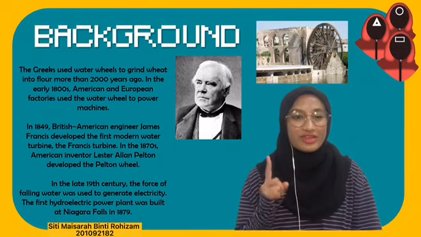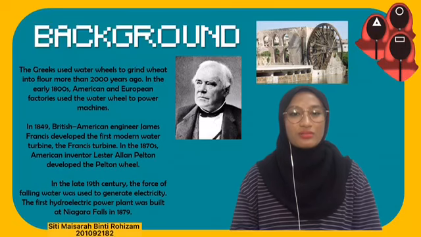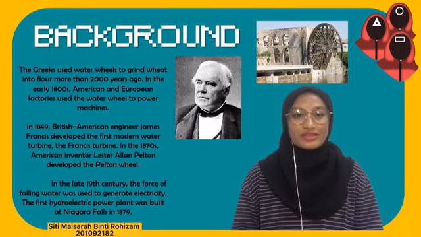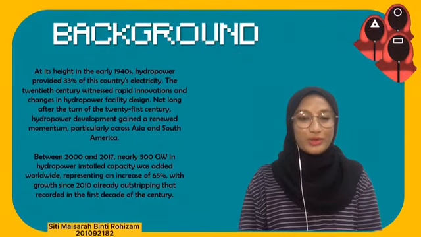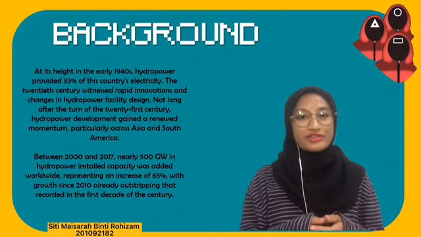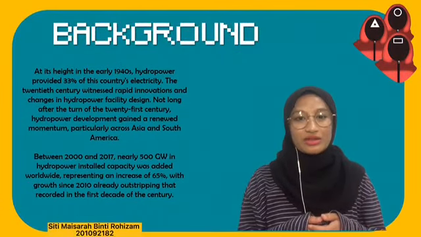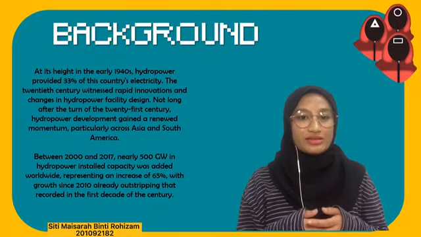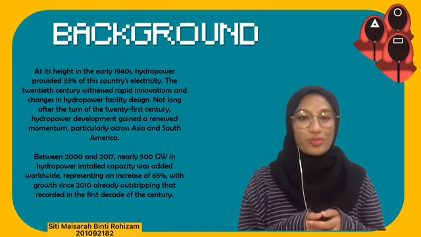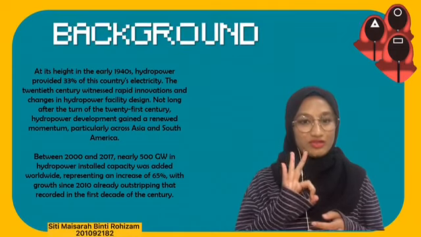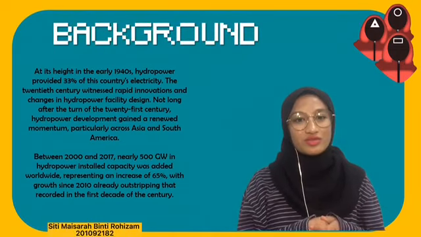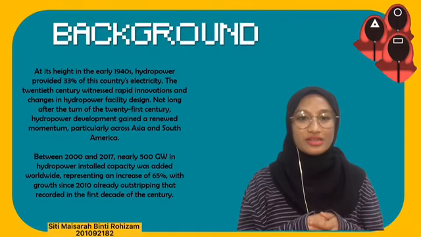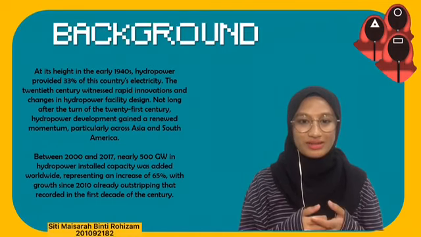The first hydroelectric power plant was built at Niagara Falls in 1879. In the following decades, many more hydroelectric plants were built. At its height in the early 1940s, hydropower provided 33% of this country's electricity. The 20th century witnessed rapid innovations and change in hydropower facility design.